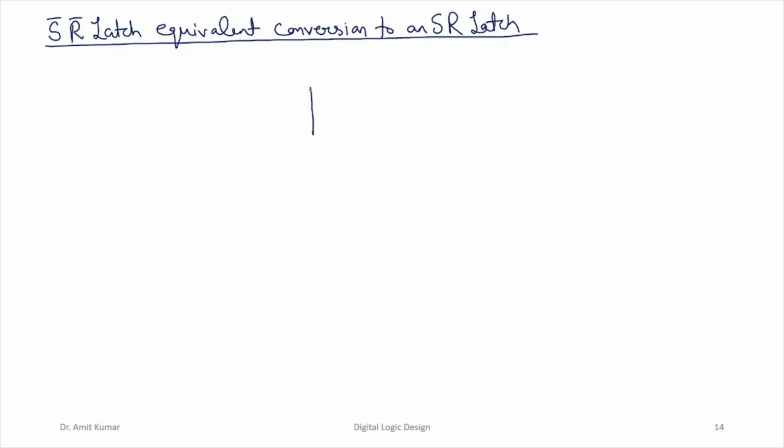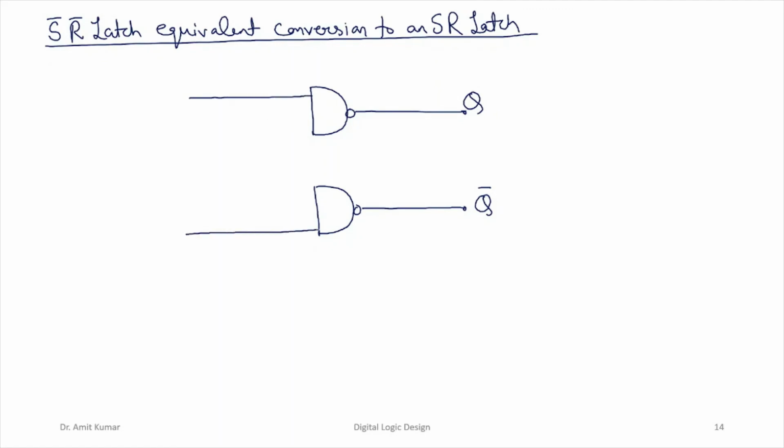We have two NAND gates. This is the output we specify as Q, and this is the output we specify as Q bar, right? This is one input to this NAND gate, and this is another input to this NAND gate. The outputs are connected with the help of this feedback mechanism.